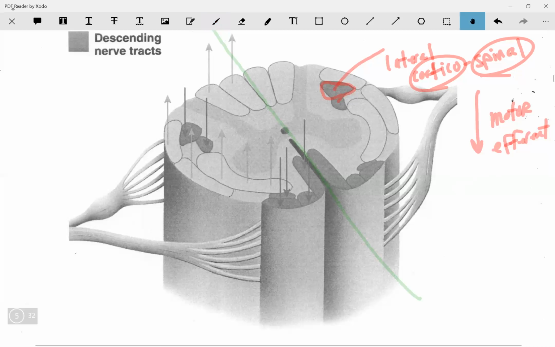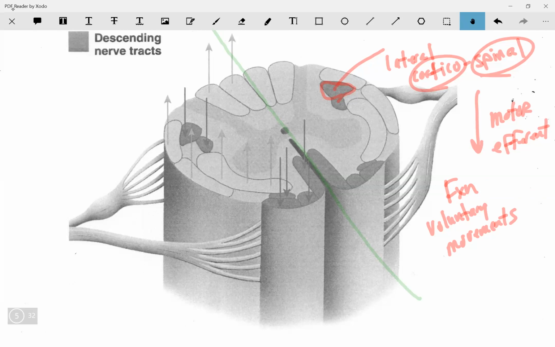All right, the function of the corticospinal is voluntary movements.